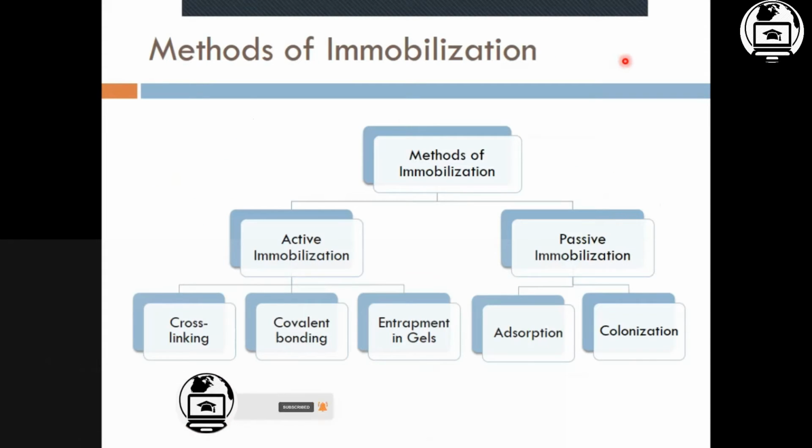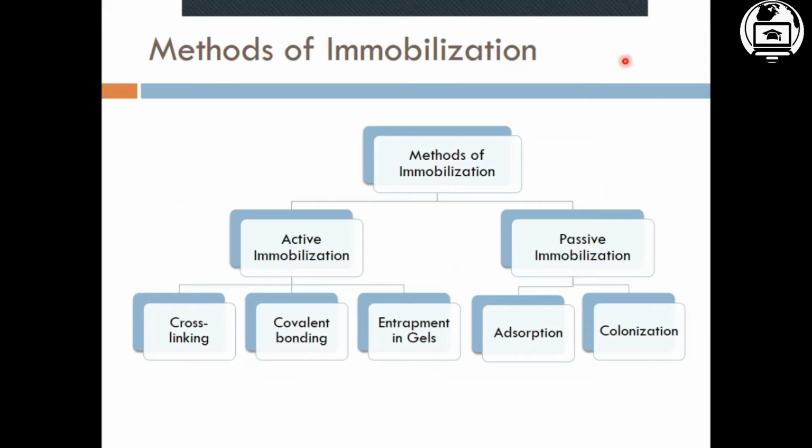So, talking about the methods of immobilization, there are two types: active immobilization and passive immobilization. Active immobilization means that your living organism or cell is going to have a chemical relation with the surface on which it is going to attach, whether it is making cross linking with the surface, covalent bonding with the surface, or interacting into gels.